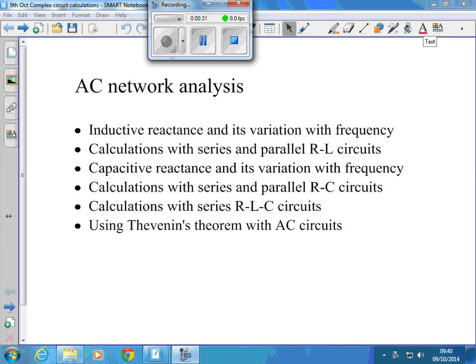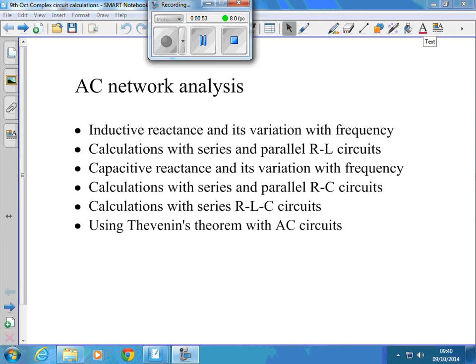Do the same with capacitive reactance and how that varies with frequency. Most of that is a little bit of revision really from science. Calculations with series and parallel RC circuits. Then we'll look at putting all three components in and analysing an RLC circuit.